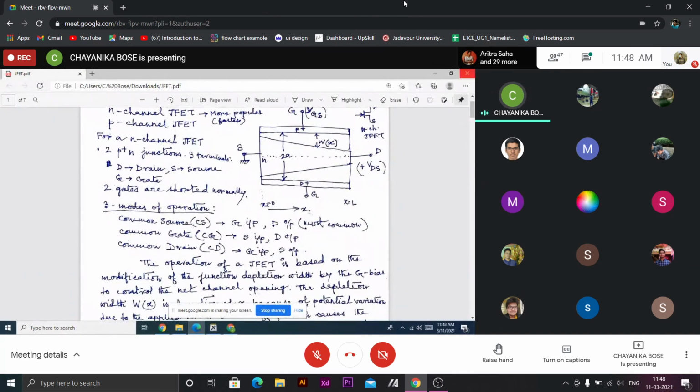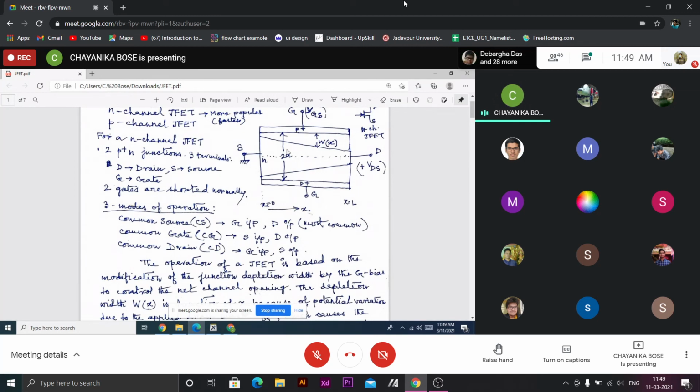The carriers are drifting from source to drain due to this longitudinal field. Now these carriers will not reach the gate because the isolation is maintained. The gate is isolated by this reverse biased PN junction.